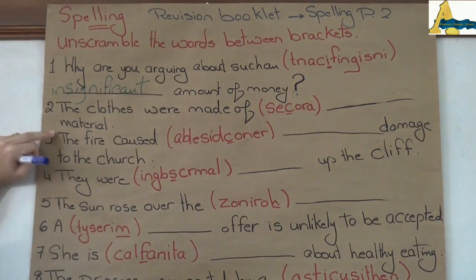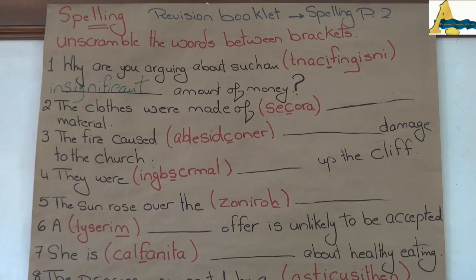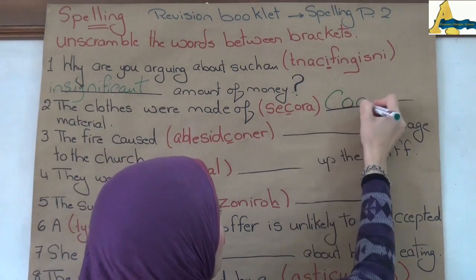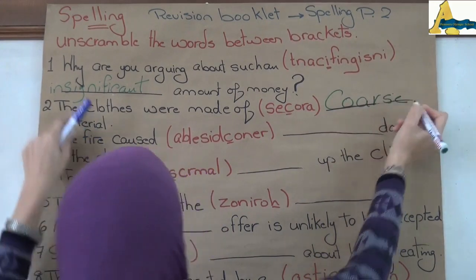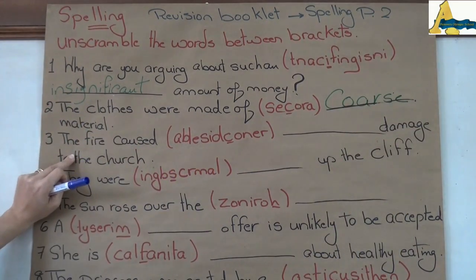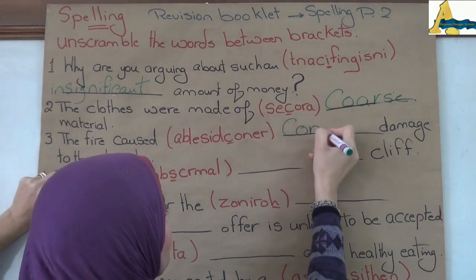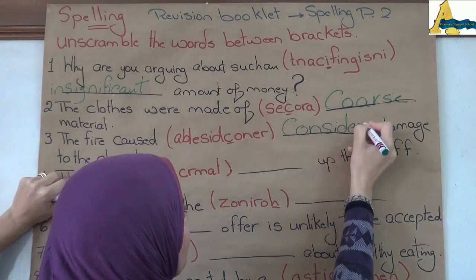Number 2, the clothes were made of what material? Coarse material. The fire caused considerable damage, great damage.